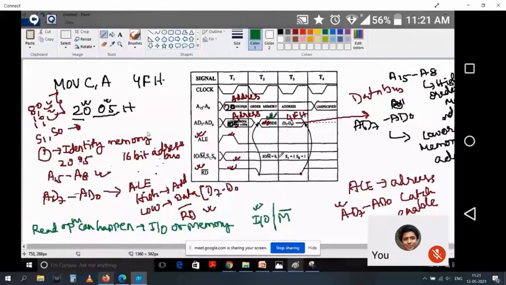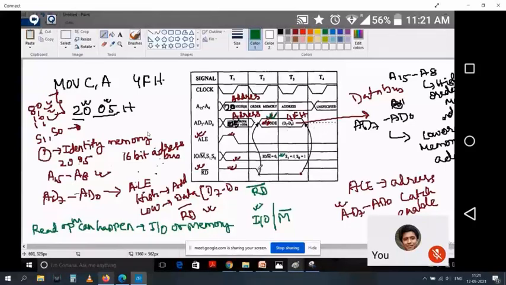My MPU knows it is a memory operation, and it has to do a memory read operation. So I have another signal, read, which is also active low. This read signal has gone low, so it is a memory read operation.